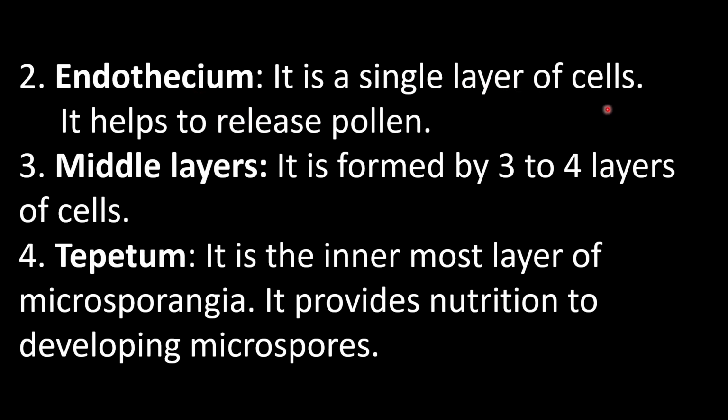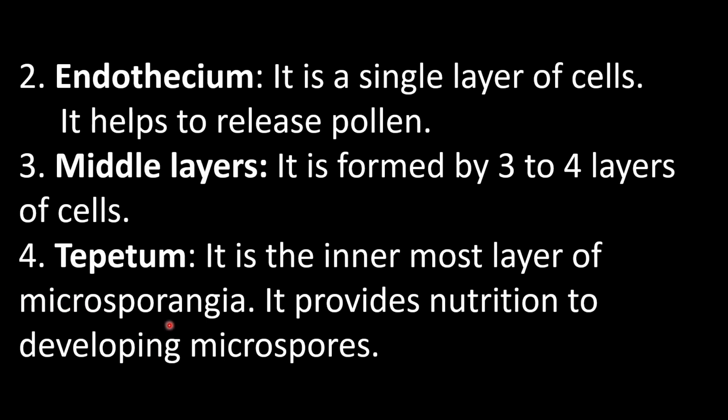It is a single layer of cells. It helps to release pollen. The third one is the middle layer. It is formed by 3 to 4 layers of cells. And the innermost layer is called the tapetum, which mainly provides nutrition to the developing microspores.